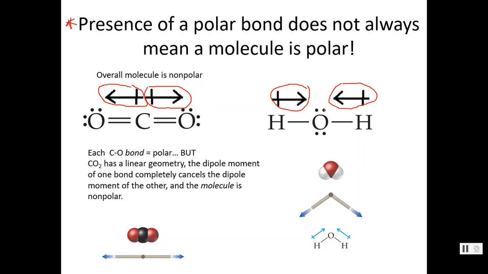Let's look at water. Here's the two dipoles. Looking at those arrows, and maybe these pictures down here show it a little better, do those two arrows cancel each other out? And the answer is no. They don't cancel each other out because of the lone pairs of electrons here. This water is not a linear shape, it's more of a bent shape.